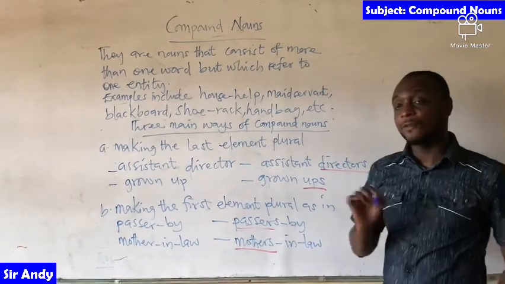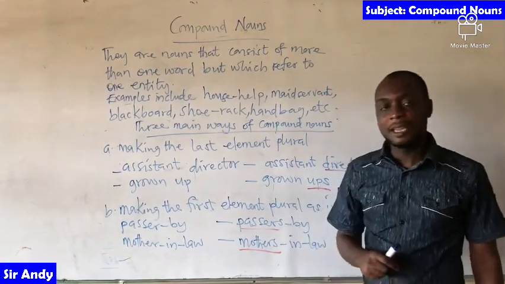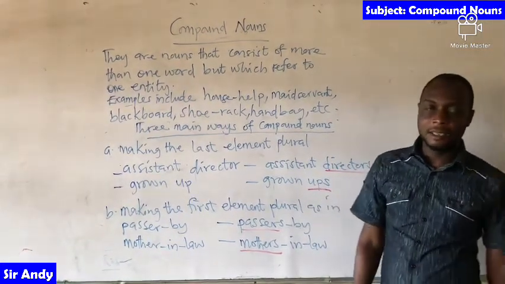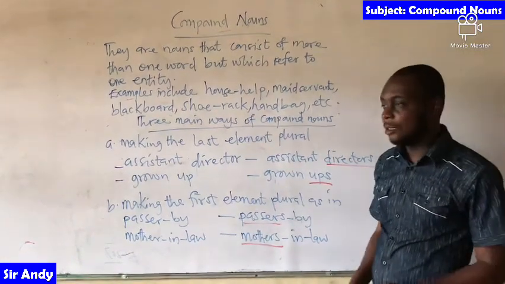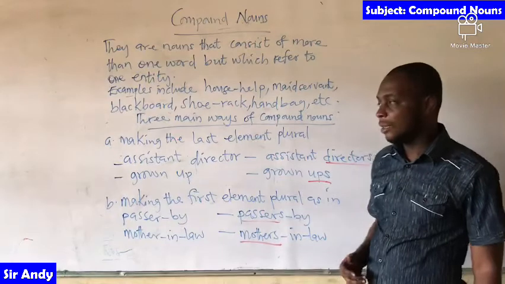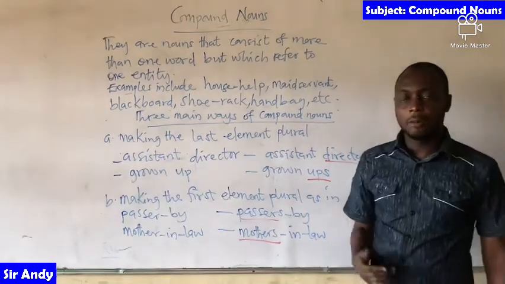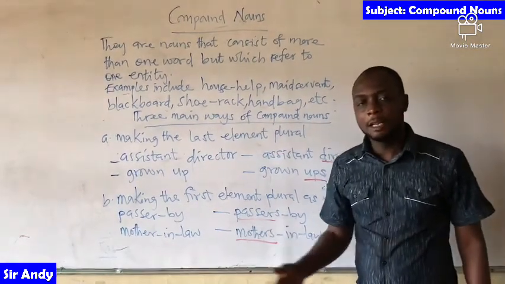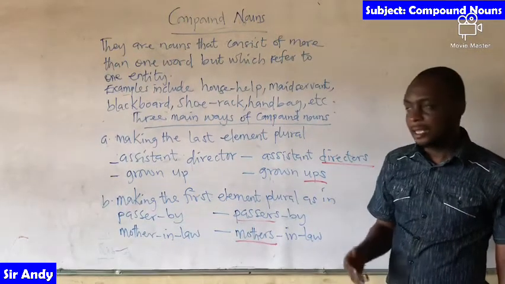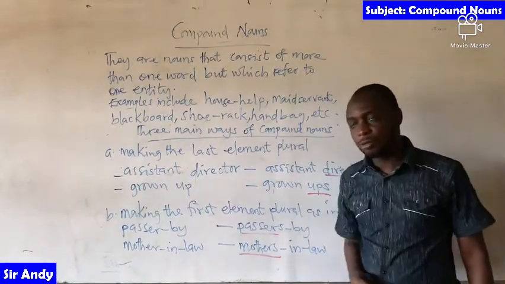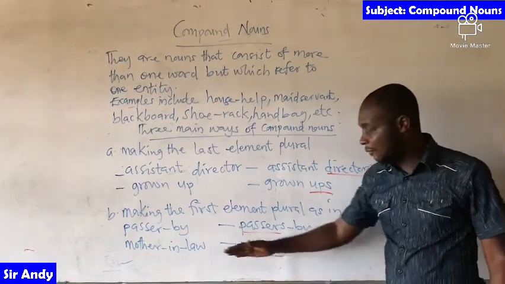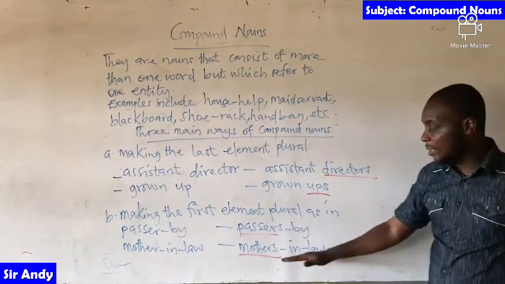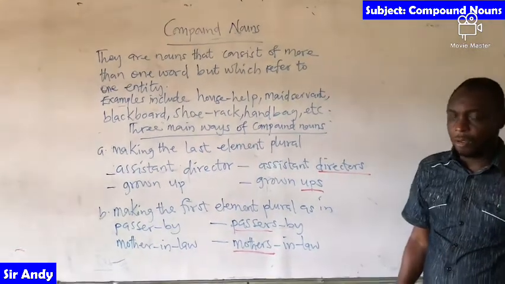But in terms of writing, you are not supposed to say "my in-laws are coming here." Rather, "my parents-in-law are coming here." Then that means you are referring to the parents of your spouse, and therefore we have mother-in-law becoming mothers-in-law. So that is it.